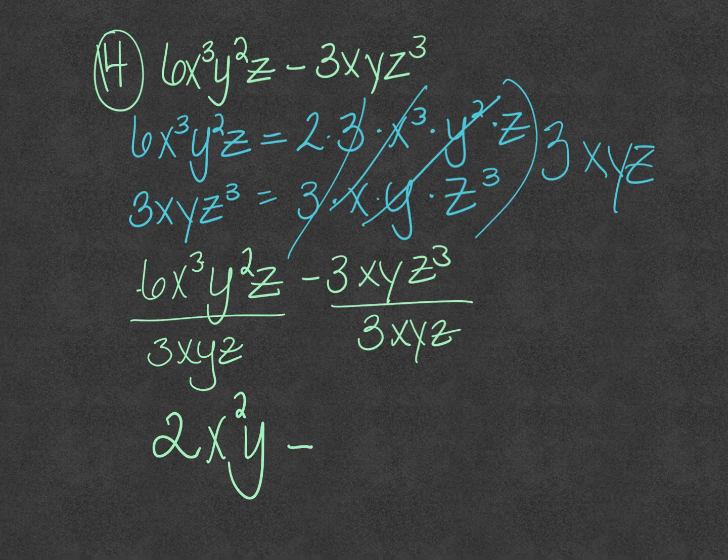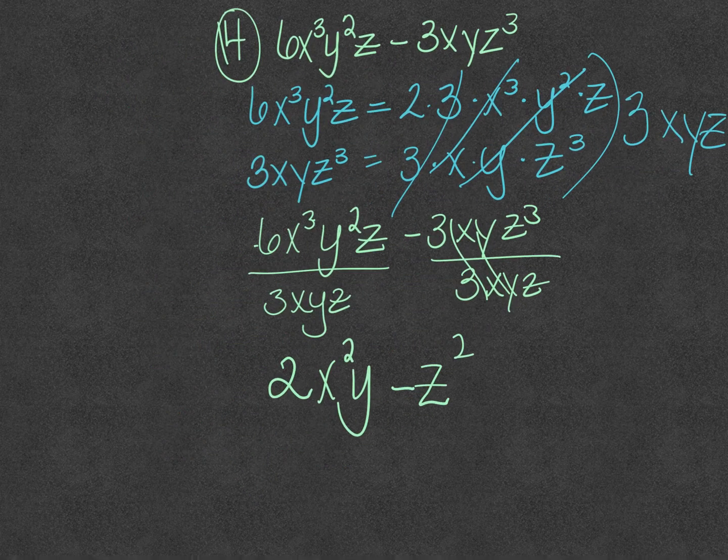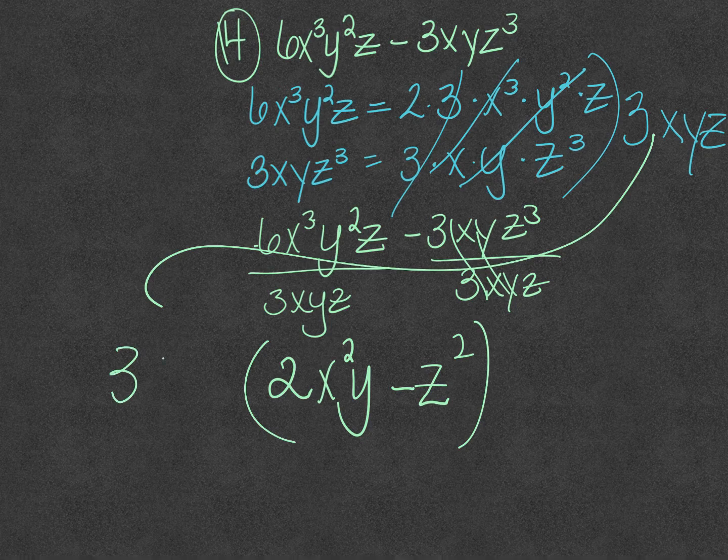If you put 1 there, I would not mark it wrong. Otherwise, you can leave it out. x cancels, y cancels, and you have a z left, squared. Then you bring your greatest common factor down, 3xyz, and that is your answer.